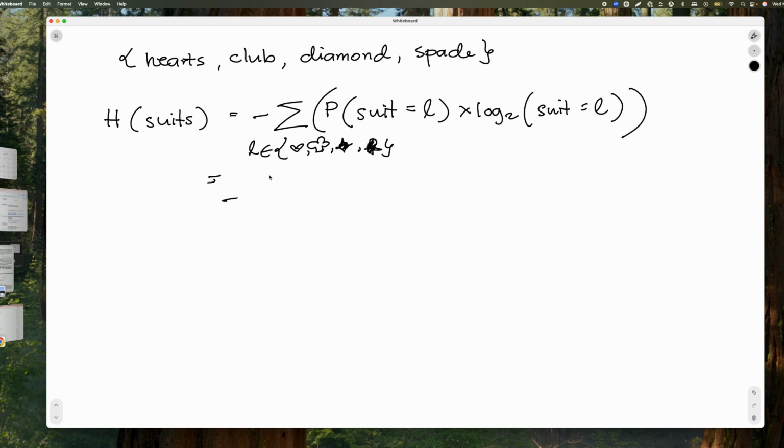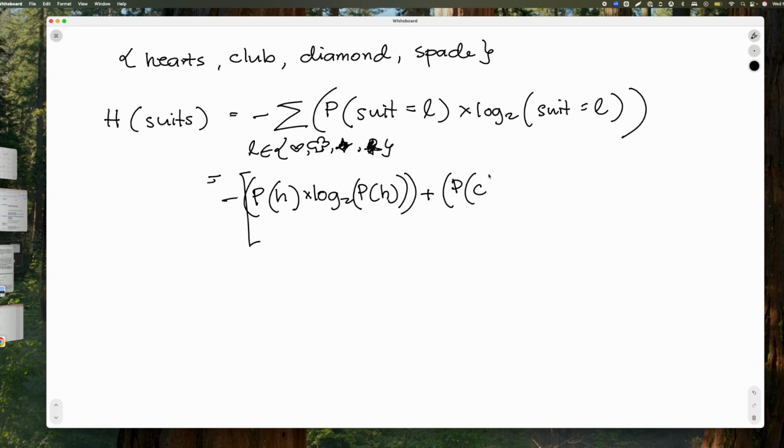So we would have, let's have this in brackets, the probability that the suit is heart, let's just say H, times log base 2 of the probability of H, or heart. Let's enclose that one. And since this is a summation, let's add everything up.